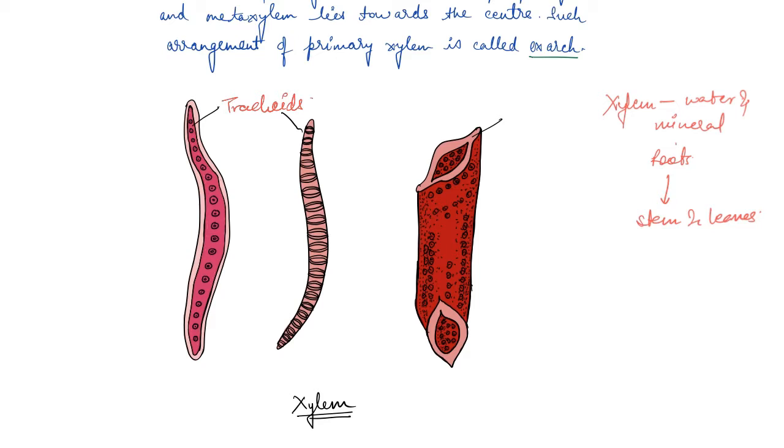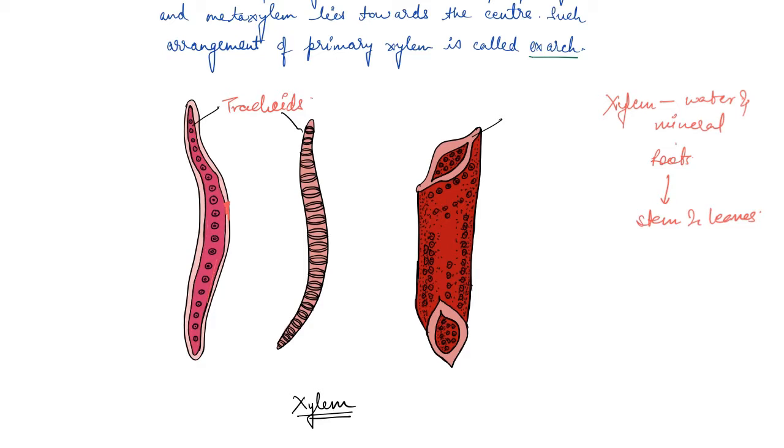You can see here that they are elongated, so they are basically tube-like, with thickened, lignified walls. This is the wall, right? So they have a thick wall and ends are tapered. Now these are dead. Remember that tracheids are dead and they are without any protoplasm, right?